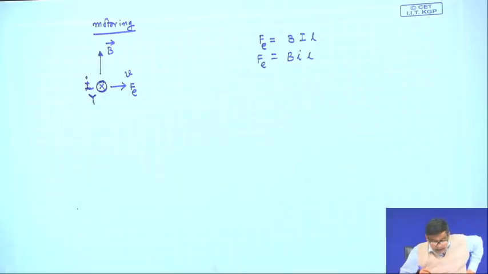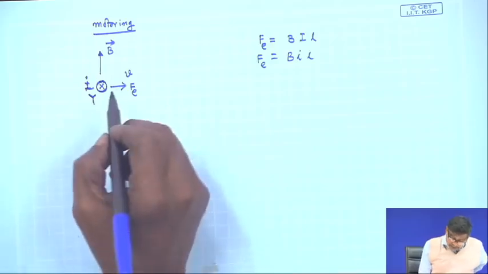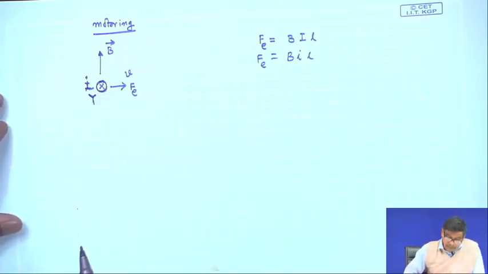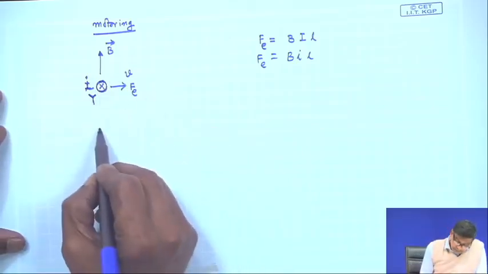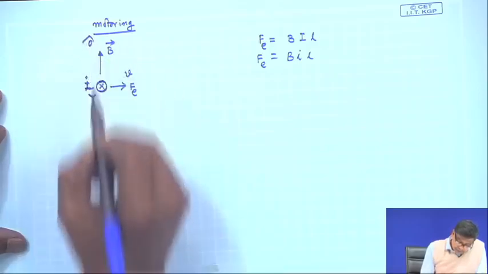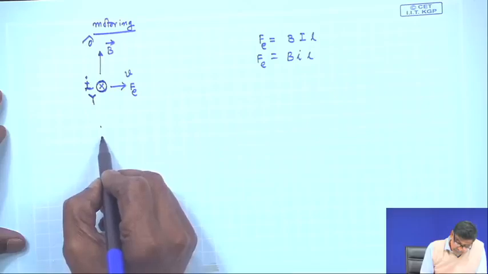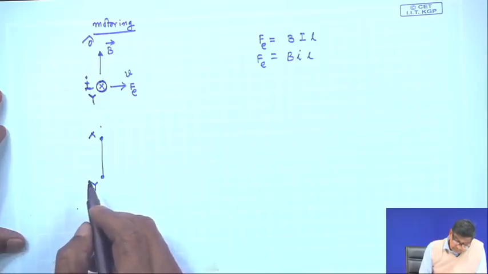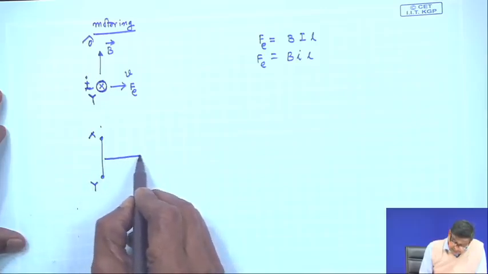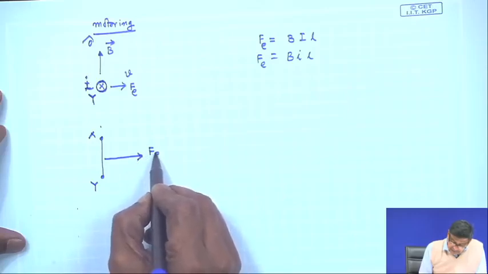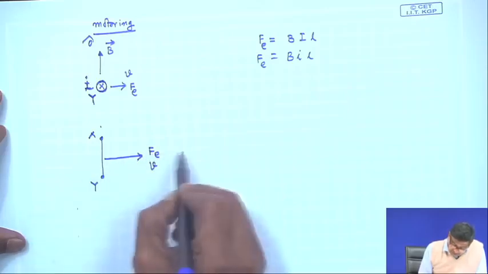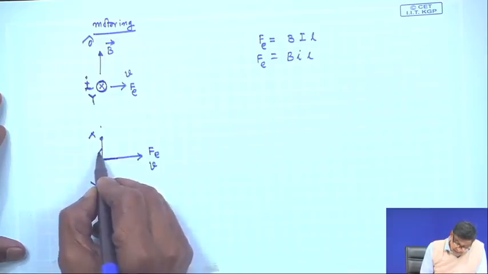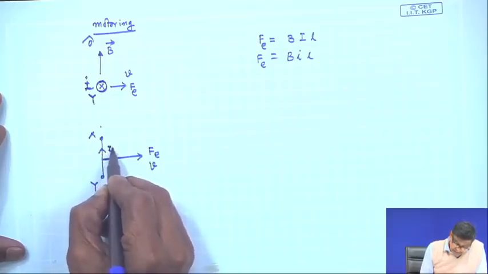It will start moving. But as I told you, the moment it starts moving, it will have some induced voltage in it. Therefore, this circuit, if you look from the top, looks like this. This is the end y, this is the end x, and it is experiencing a force like this. It is moving with a velocity v in this direction, it has started moving, and the current direction is like this, small i.